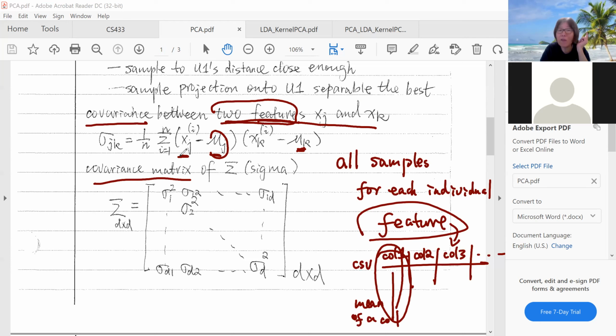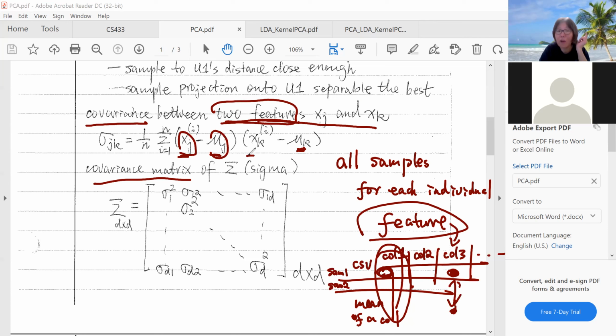And then this is a specific sample, so sample 1, sample 2. For sample 1, you have a feature, and that feature's value minus its mean, times, for this same sample, the other feature and its mean value.